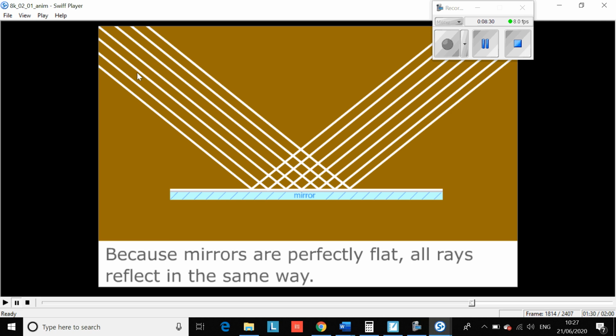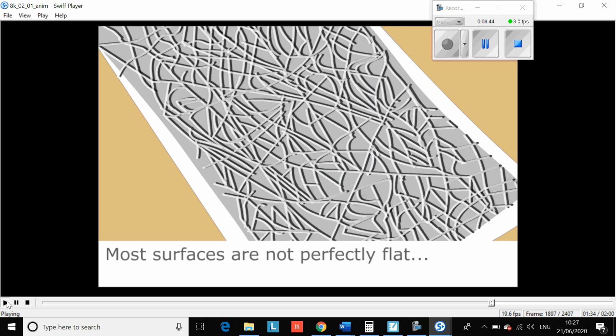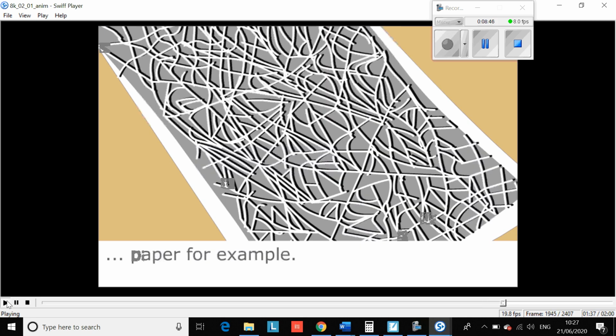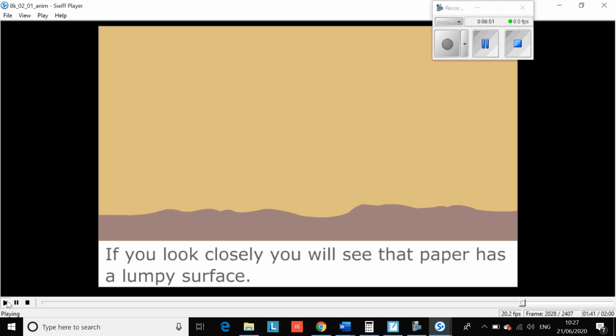So the thing that gives us a mirror image is called specular reflection, and you're going to need a description of that a bit later, but very quickly moving on. Okay, this is what happens with most other surfaces. So paper, for example, is a bit bumpy. So as the beams of light come in, what happens is this.